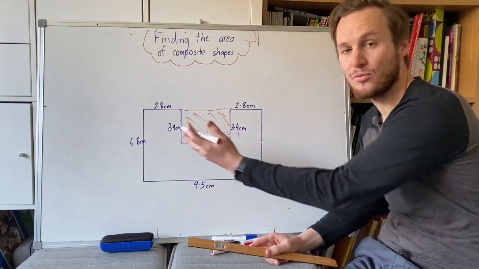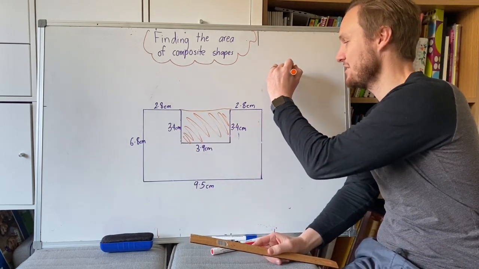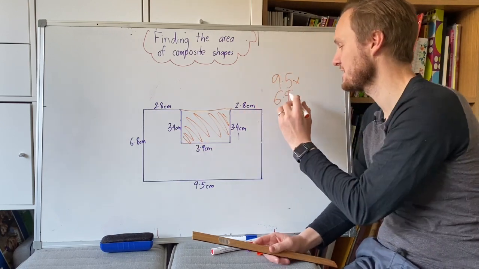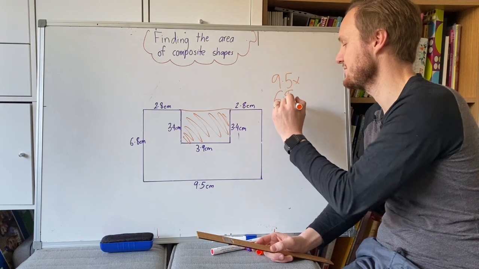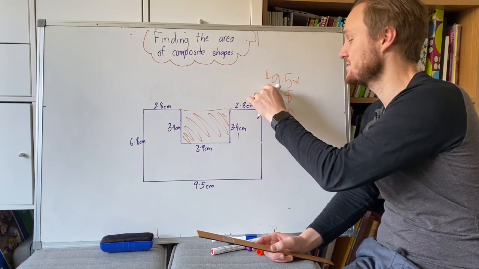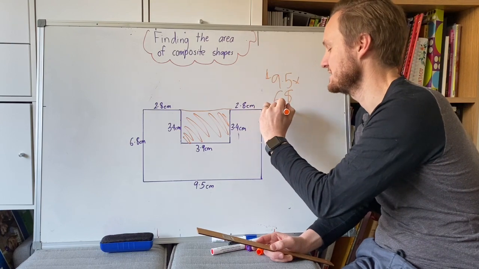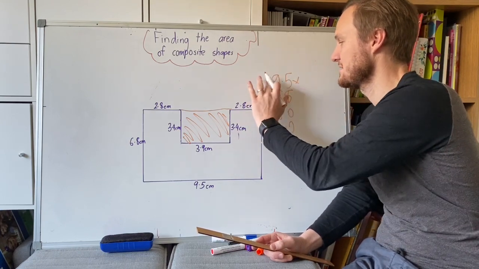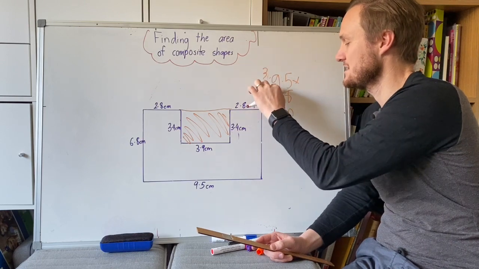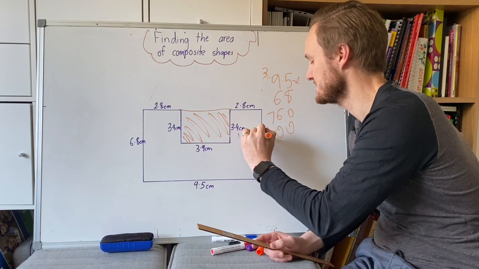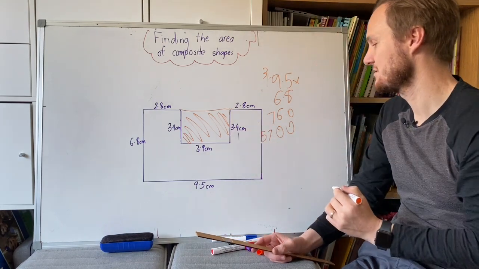So I'm going to look at the whole rectangle first. So it's 9.5 times 6.8 for the whole thing. So 5 8s are 40. 8 times 9 is 72. 72 plus that is 76. Next row down here, 6 5s are 30. 6 9s are 54. 54 plus 3 is 57.